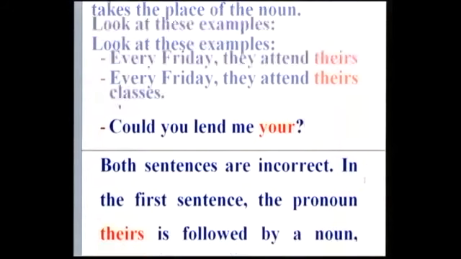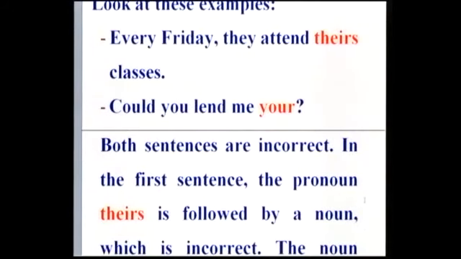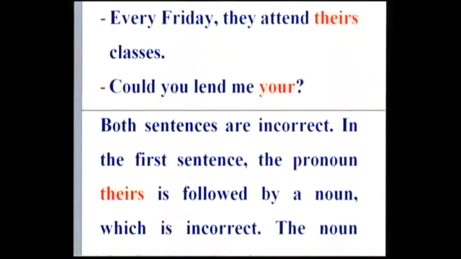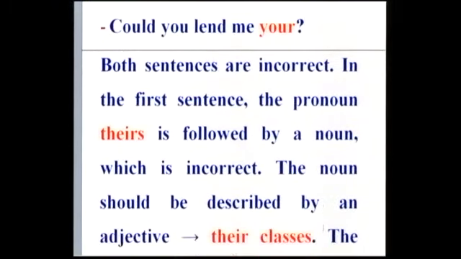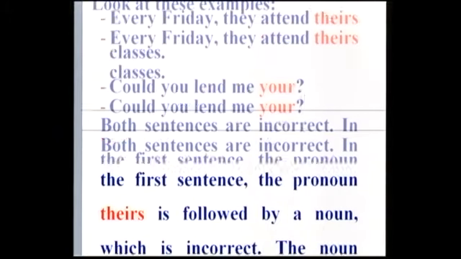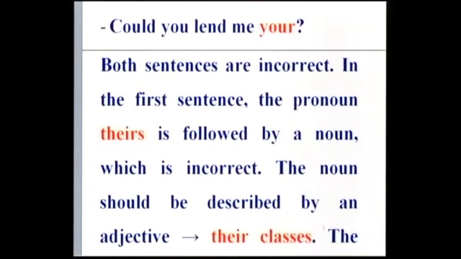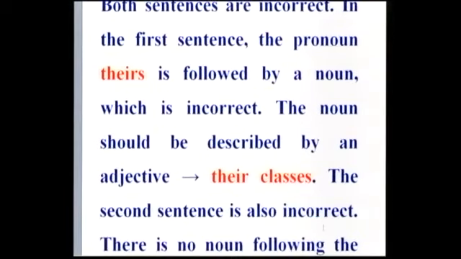In the first sentence the pronoun theirs قدامنا اهو is followed by a noun which is incorrect. The noun should be described by an adjective. Their classes مش theirs. طيب the second sentence is also incorrect.